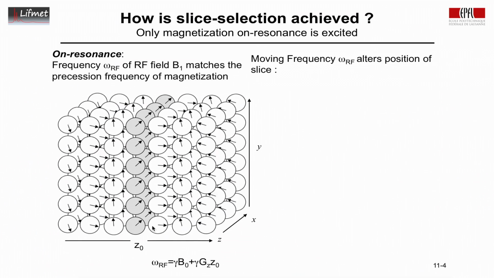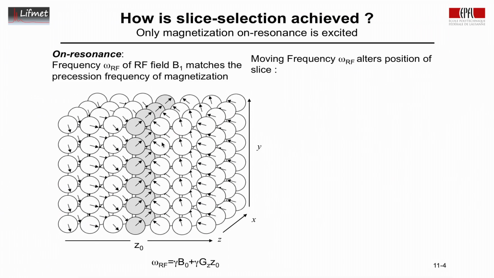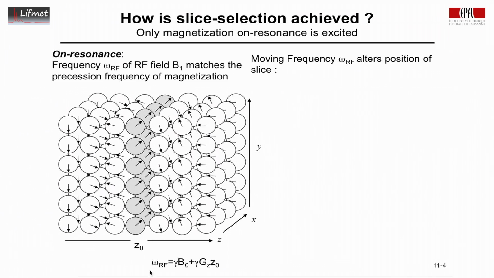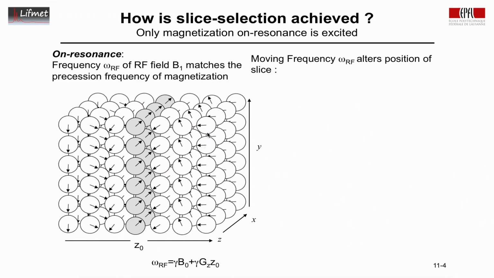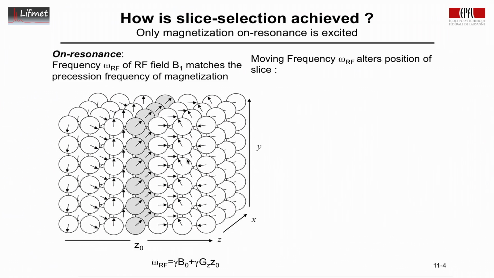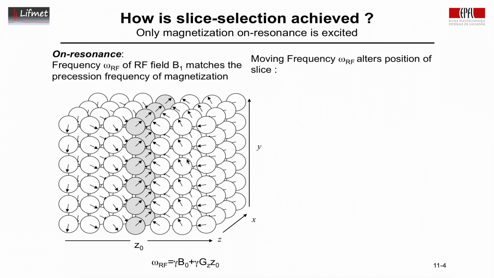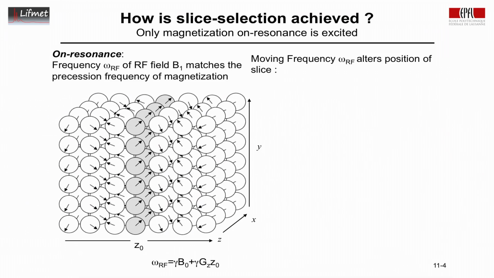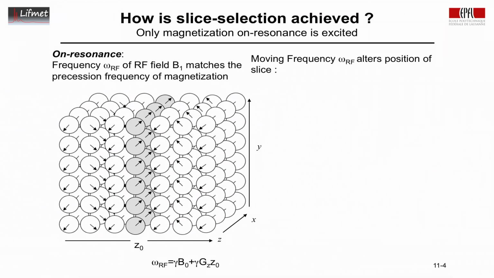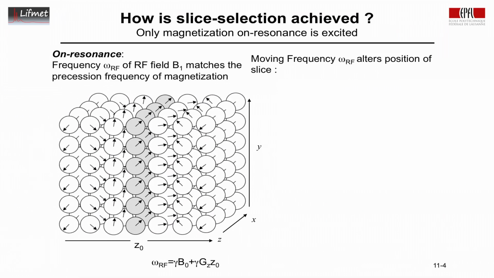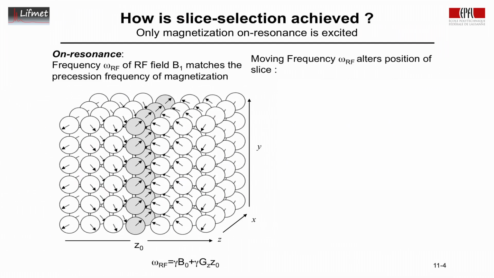In this case, applying an RF field with this condition will flip the magnetization into the transverse plane for all the gray voxels, and the others are untouched. Then it becomes a simple means of changing the frequency of the synthesizer to change the frequency of the RF field, and that alters the position of the slice.